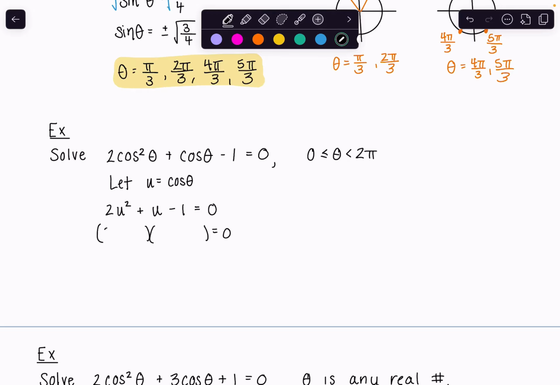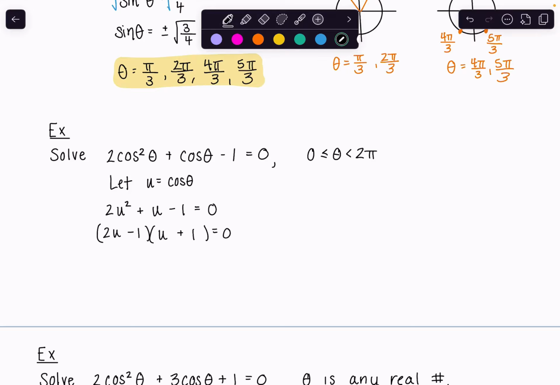So to get to 2u squared, you need a 2u and a u. To get to minus 1, you need a negative 1 and a positive 1. So we'll try this. The first term gives you the 2u squared, which is good. The last term gives you negative 1, which is good. The outer is positive 2u minus u, resulting in positive u in the middle.